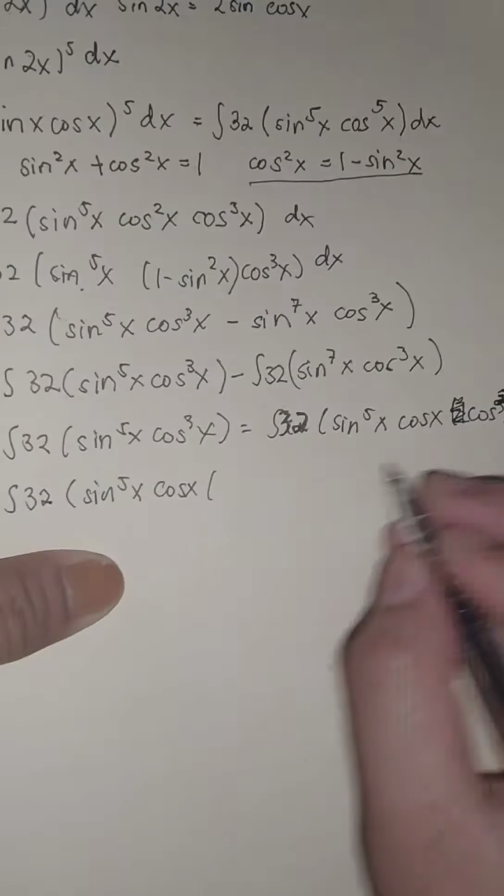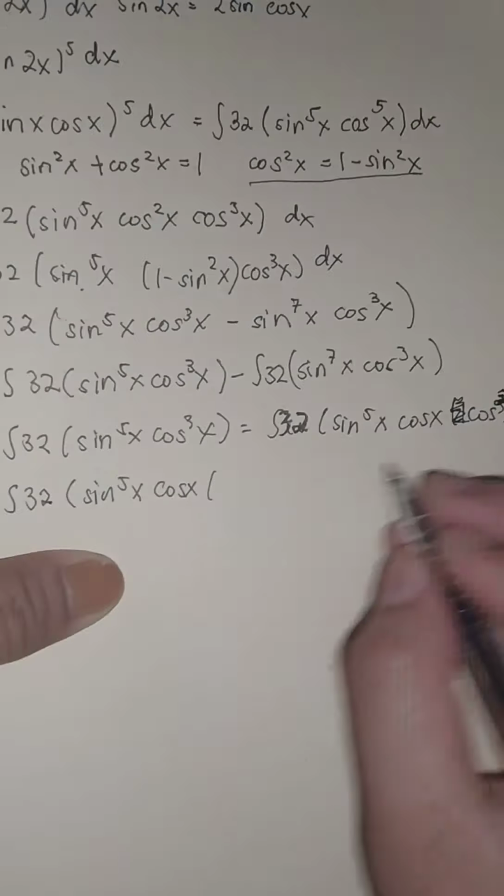So we have the integral of 32 sine raised to 5 x cosine x, because we multiply it with 1, minus sine 7 x cosine x.